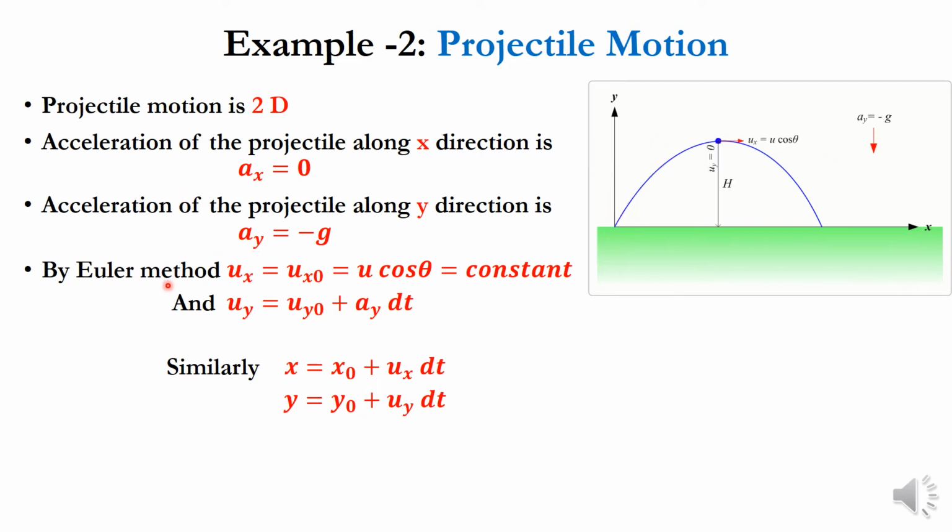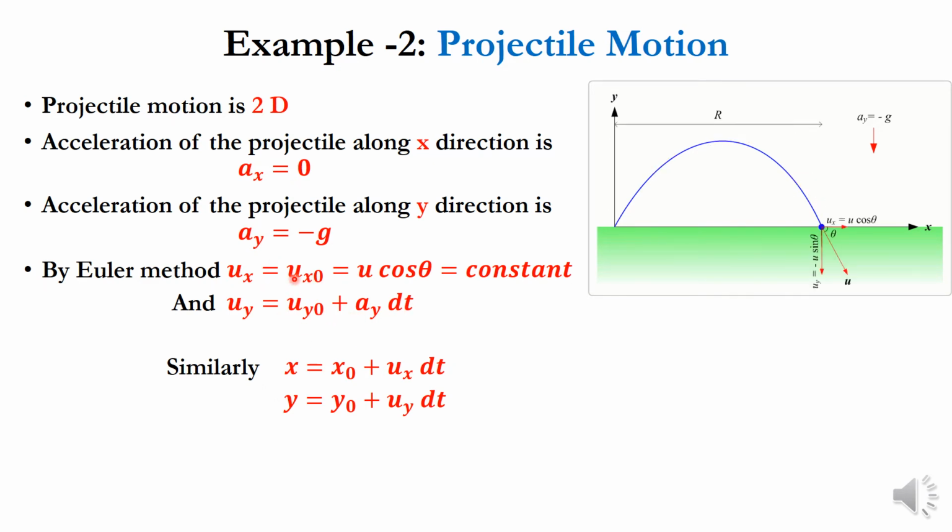By Euler method, the velocity is obtained by integrating these accelerations. But we know the velocity along the x direction will be a constant, since there is no acceleration along the x direction, that is ux equal to ux0, which is equal to u cos theta, and the velocity along the y direction will be uy0 plus ay into dt.